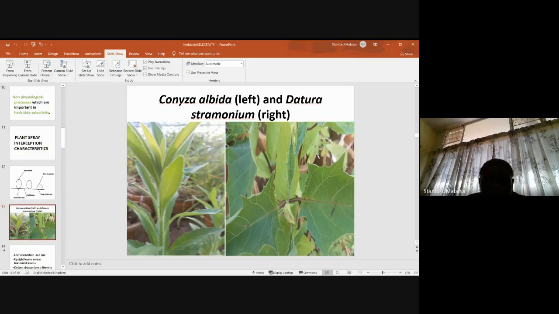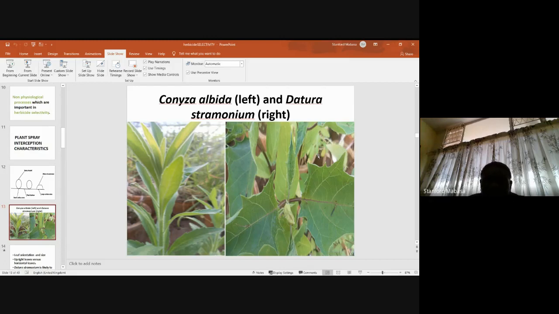So we want to look at two examples. Coniza arubida, which is on the left, and Datura stramonium on the right. If you were spraying these weeds with the herbicide, we want to see which plant is going to trap a lot of herbicide.